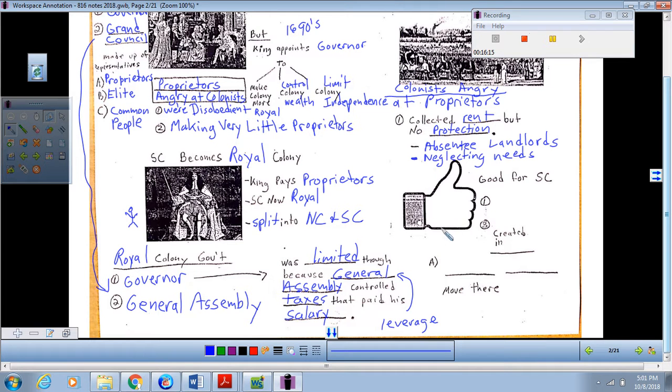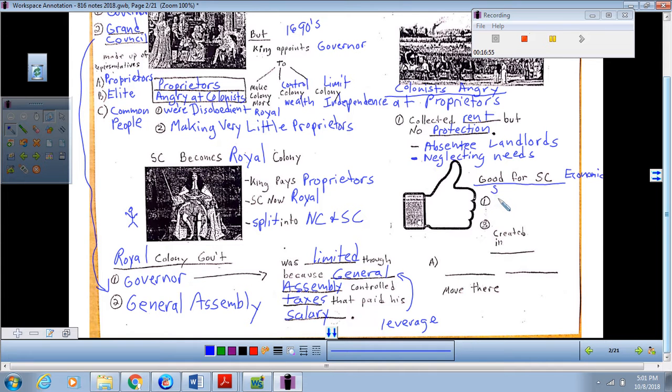All right, now South Carolina would experience some positive economic and political things because of this change from proprietary to royal. Now, some of these economic things that were good for the Carolinas was, what are extra payments called?